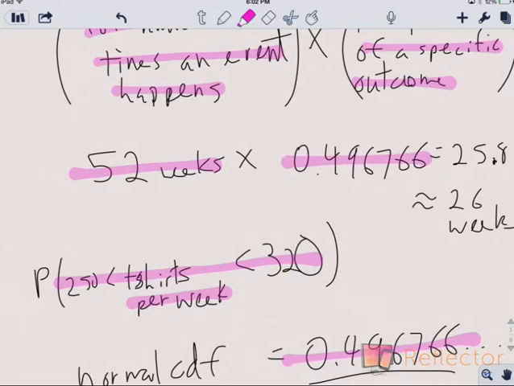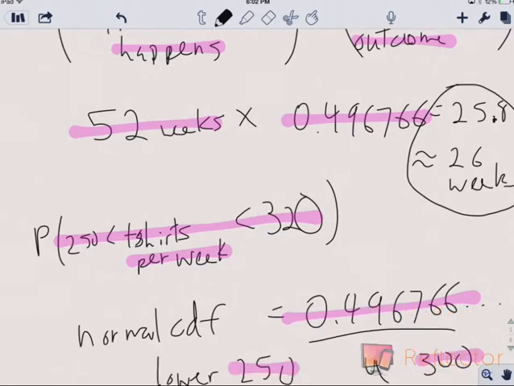So the result is 25.8, which rounds to 26 weeks. Either answer will be sufficient. Make sure you include your units. So 26 weeks is the answer.